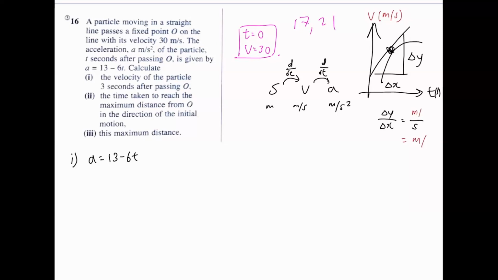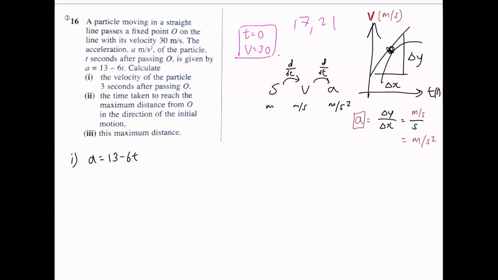Which will give you meters per second over second, which is meters per second squared. That gives you the acceleration, right? When you differentiate the displacement just now, it was to get you velocity, but now when it's velocity, you differentiate, meaning you get the gradient of the tangent line, you get acceleration, meters per second squared.